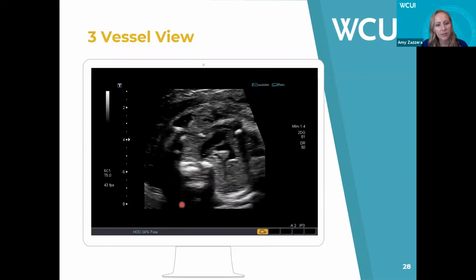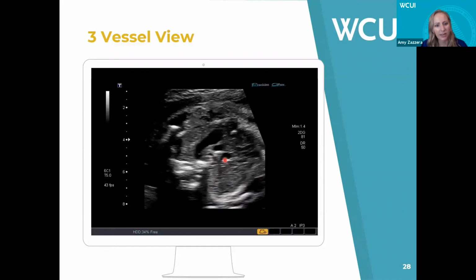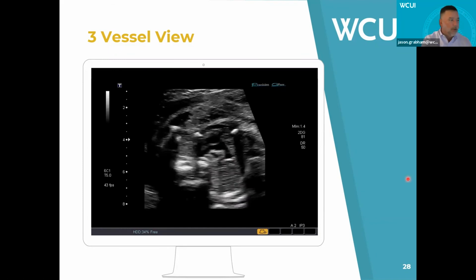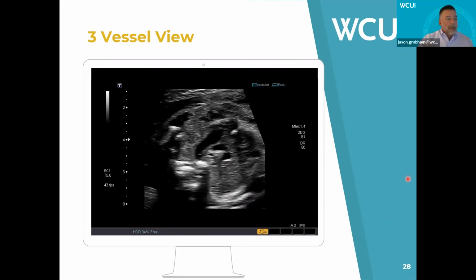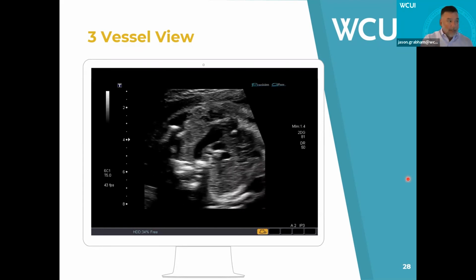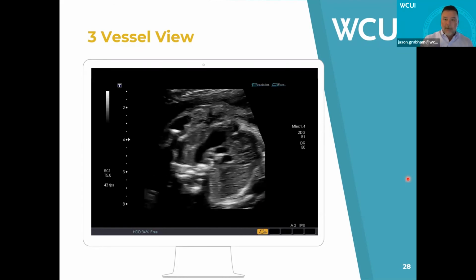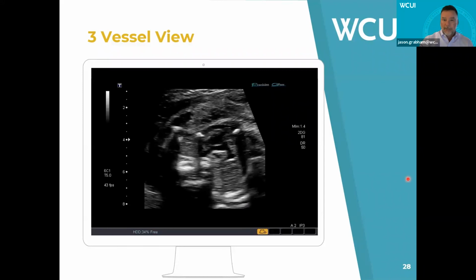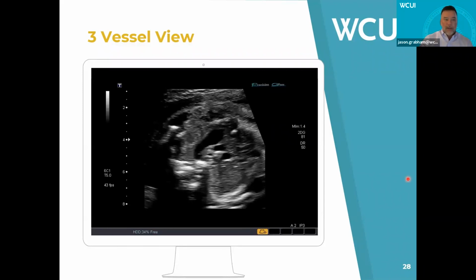And also in this view, we can see the trachea. Yeah, this is a great view because arch-sidedness may not be something you think about on a cardiac screen, but it's a really critical piece of information oftentimes in the postnatal management of patients with congenital heart disease. So it's a great view.